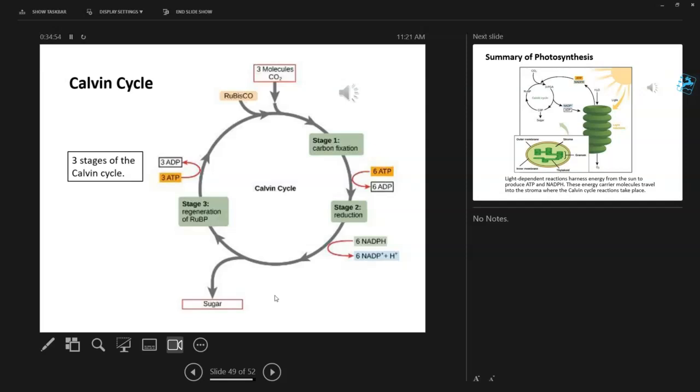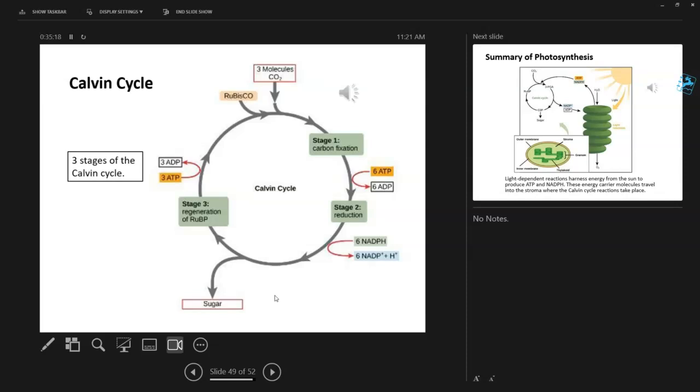I'm sorry, it's a terrible explanation, but this molecule that's left from the last cycle combines with carbon dioxide. That's the carbon fixation. And then energy from ATP and NADPH are used to convert that into sugar.